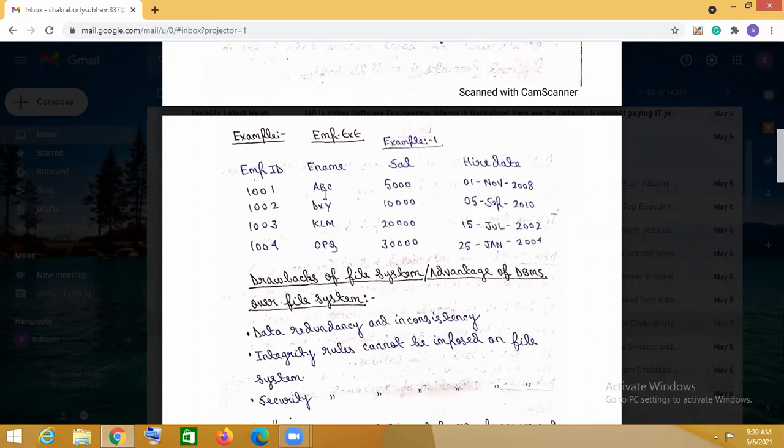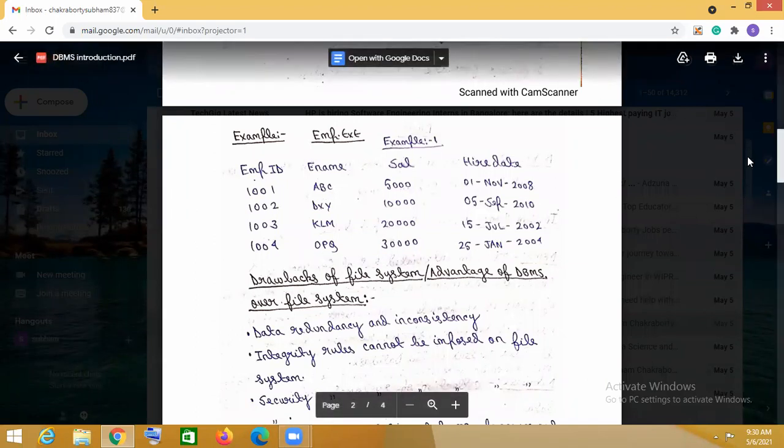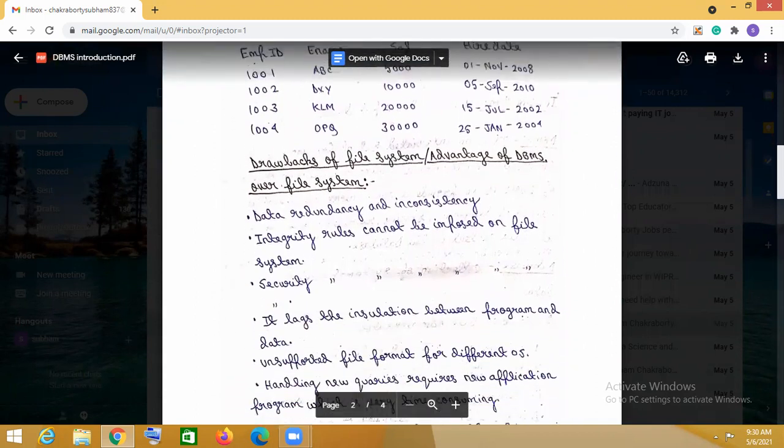Similarly, security rules cannot be imposed on the file system, but it can be done on the DBMS. Integrity rules, meaning quality of the information, can be imposed on the DBMS, but are not applicable to the file system. So these are the disadvantages of the file system.